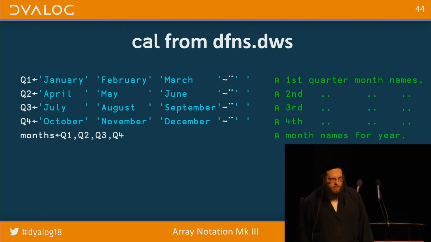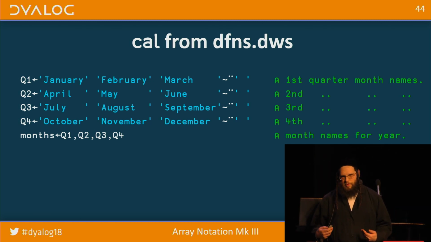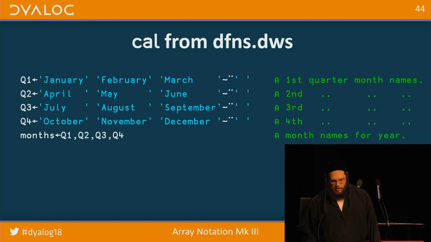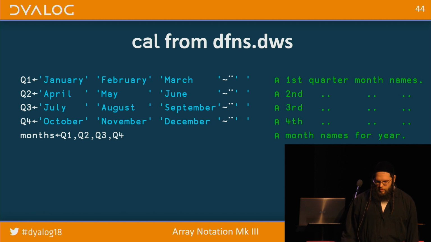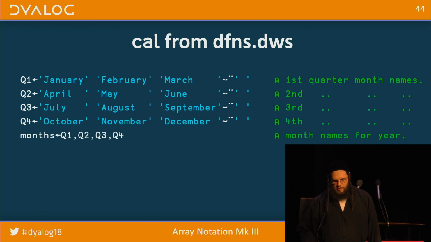Here's an example from Defense, calendar, and again, we're doing a bottom-up declaration of our array, generating these 4 variables that we don't actually need. We are removing blanks just so that things can line up. And then there are some comments for parts of it for each quarter of the year.